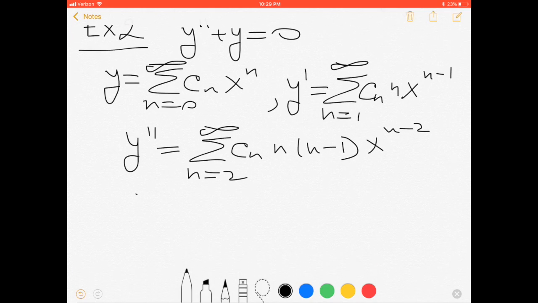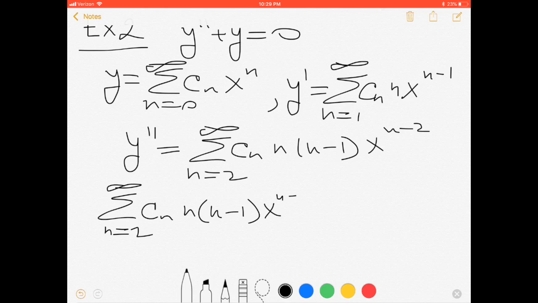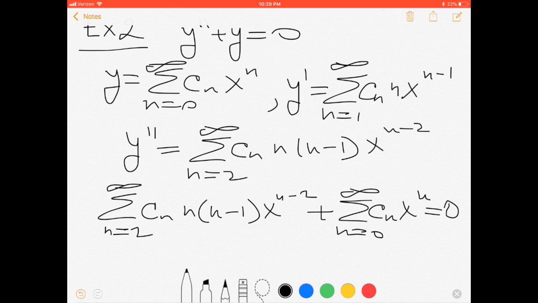We have the sum with n starting from 2 to infinity of cn n times n minus 1 x to the n minus 2 plus the sum from 0 to infinity of cn x to the power n equals 0.